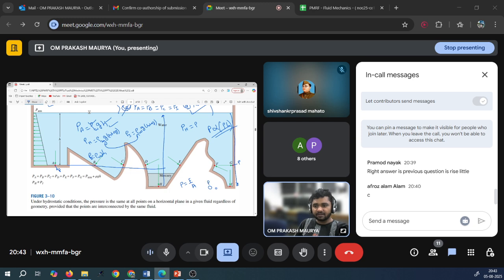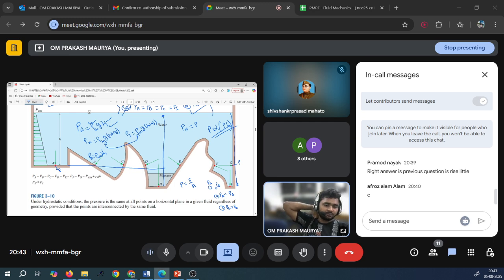So let us suppose the pressures are PA and PB. In which case will your pressure be more, whether this condition is correct or this condition is correct? Which condition is correct, A or B?